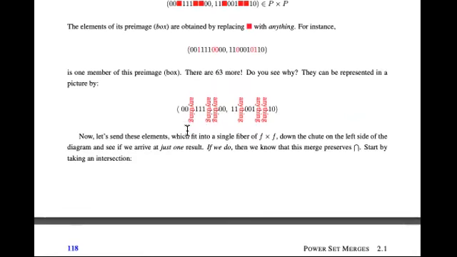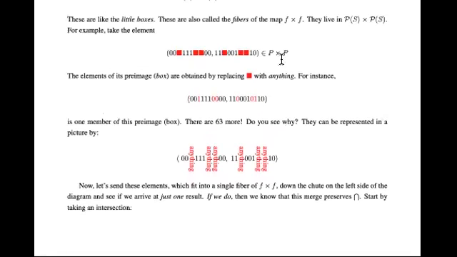Instead of box, we'll just write anything, anything, anything, anything, anything. This represents all the different options for subsets that you could be wanting to intersect that would have this ordered pair as its image via the merge.